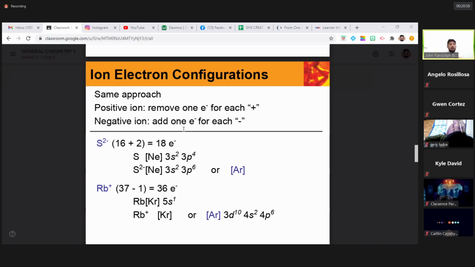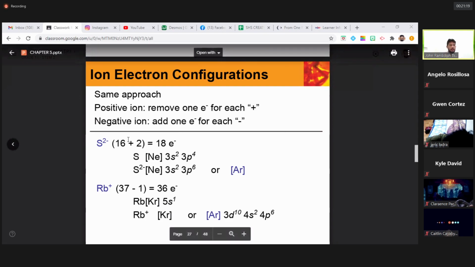The electron configurations for ionic elements, say, for example, sulfur 2 minus. When it's 2 minus, guys, it means it will attract electrons. An anion will attract electrons, and a cation will release electrons.